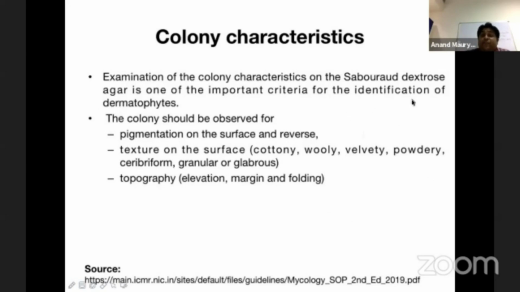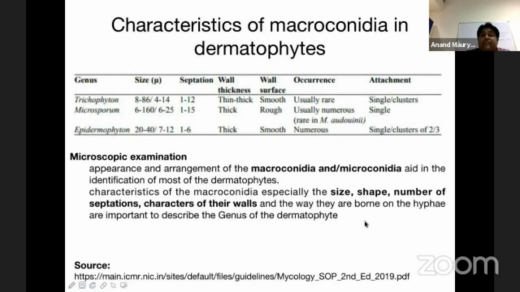Generally, the most important media, SDA, is the one most commonly used for the identification of the dermatophytes. Now you can see there is a characterization of the macroconidia of the dermatophytes. So microscopic examination is very important there. In this microscopy, generally you will see the appearance and arrangement of the macroconidia and microconidia in the identification of the dermatophytes.